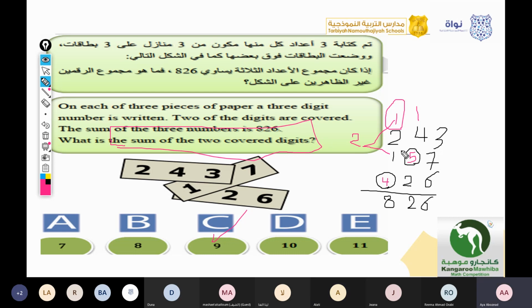It came on the chat box. Anyone can see the picture on the chat box? No? Just a second.